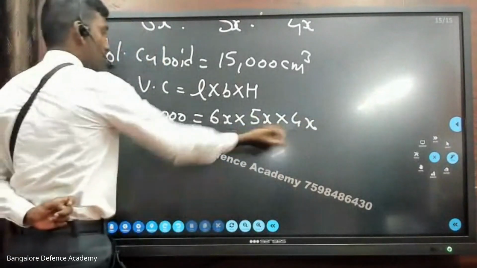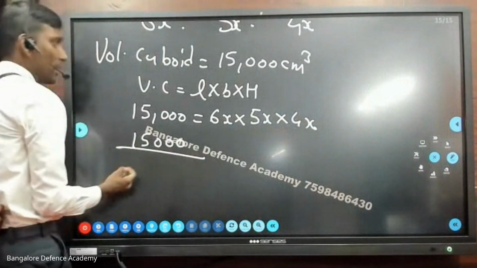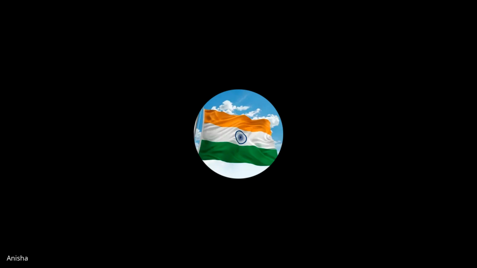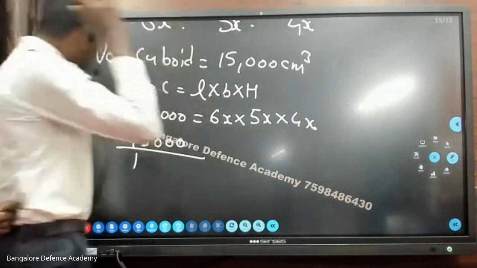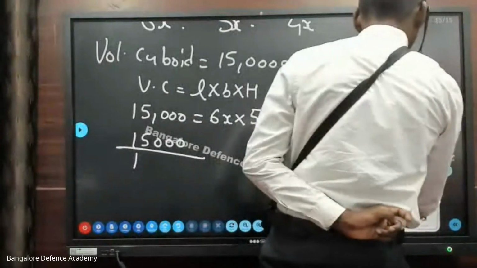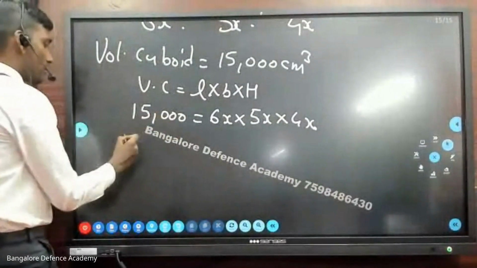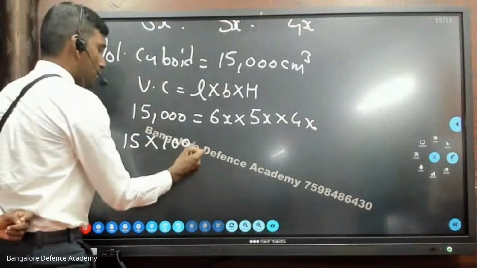Now, 6, 5 and 4, it comes here. That means 15,000 divided by 120. Let's keep it simple. एक minute. देखो ऐसे बड़ा number को, like this bigger number, try to keep it simple. 15,000 I can write as 15 into 1,000, correct?